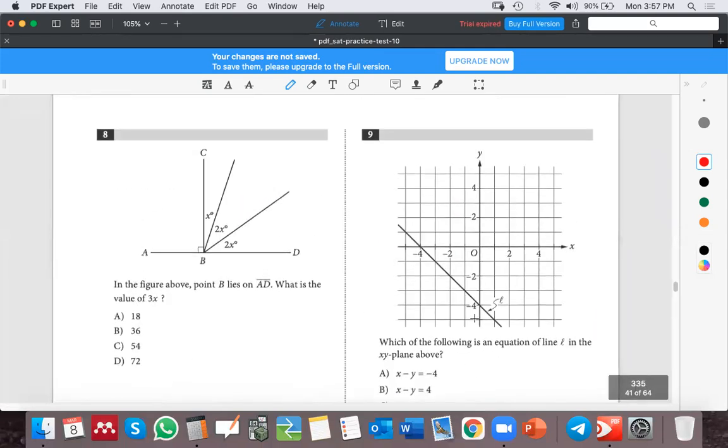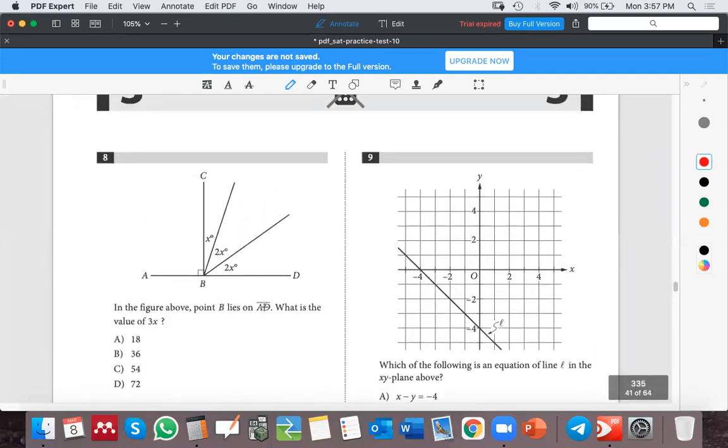Oh, so simple. What is the question? Find 3x. What I know is that this is totally 90 degrees. Why? Since this notation means 90, this must be 90. So this is x plus 2x plus 2x. So 90 is 5x.